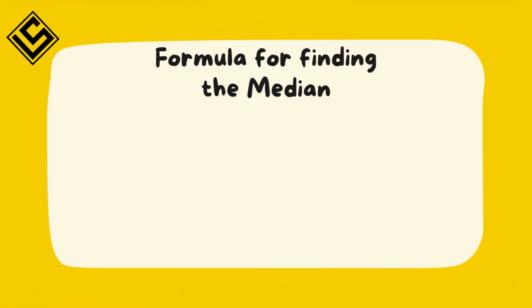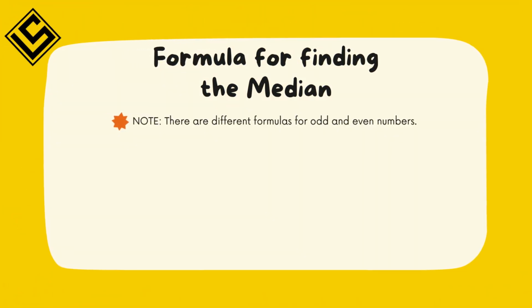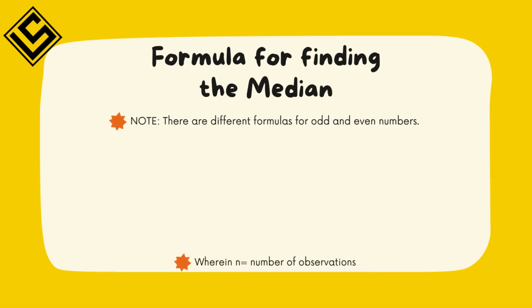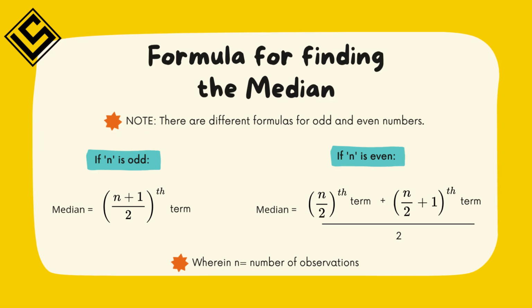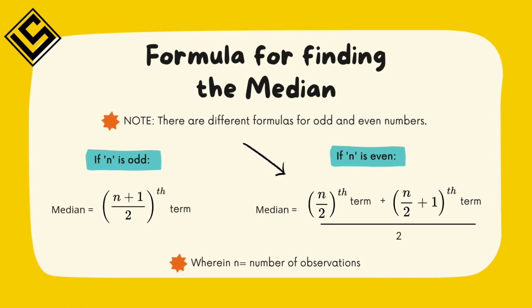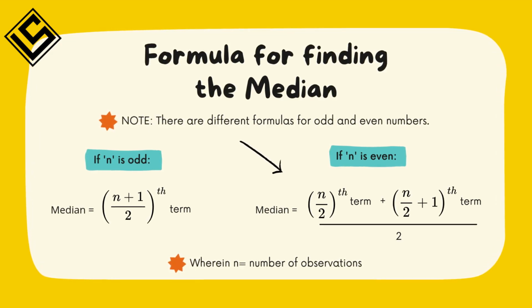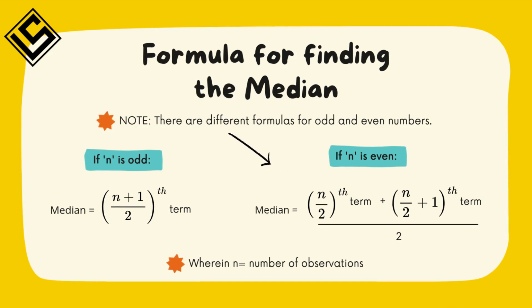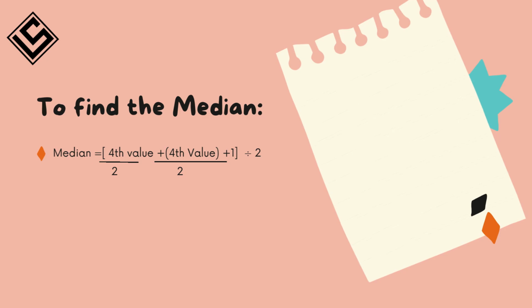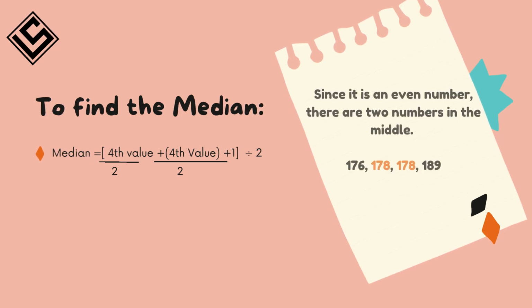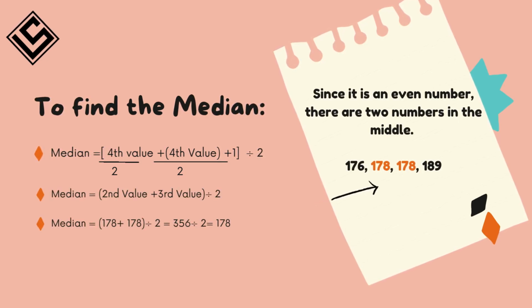Finding median. To find the median, the first step is to check whether the number of observations is even or odd. Based on this, we select the appropriate formula. Here, we have an even dataset with n equals 4 observations. Therefore, we will use the formula for an even number of observations. Substituting n equals 4 into the formula, we take the average of the second and third values.